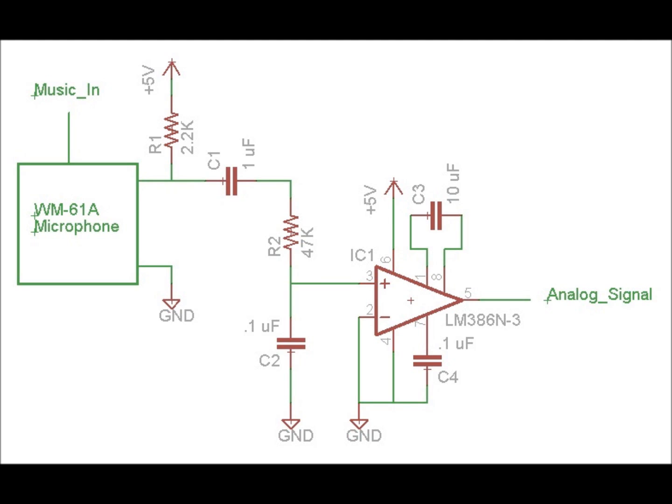We chose a gain of 200 to end up with a peak-to-peak swing of about 2 volts. Capacitor C3 is in place to set the gain to 200 by bypassing the internal resistor. Capacitor C4 isolates the signal from power supply noise, providing stability. The amplified signal is then sent to the analog to digital converter on the microcontroller.